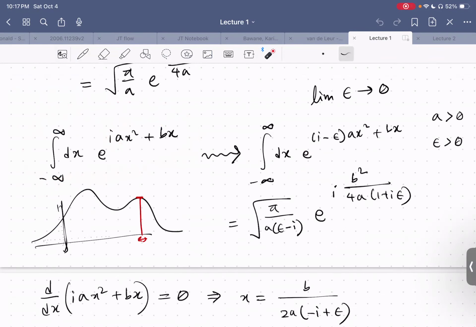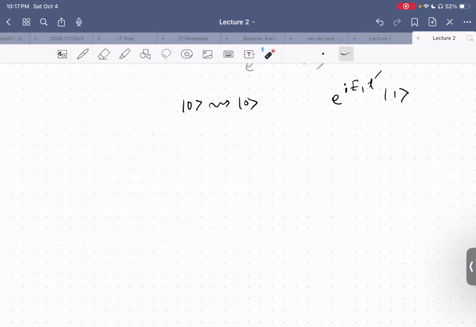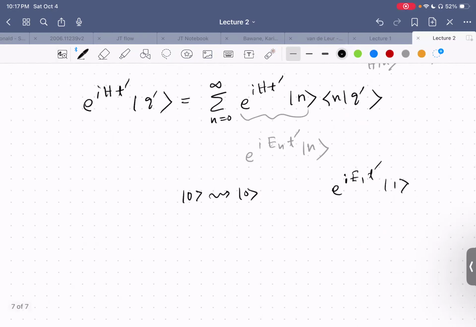We said that we will evaluate these by slightly modifying this coefficient, replacing it with I minus epsilon, where epsilon is a small positive real number, assuming a is positive. Really the reason is that this adds negative epsilon a x squared in the exponent. Assuming epsilon and a are positive, for large values of x you get an exponential suppression. That's the trick that we play to evaluate integrations.